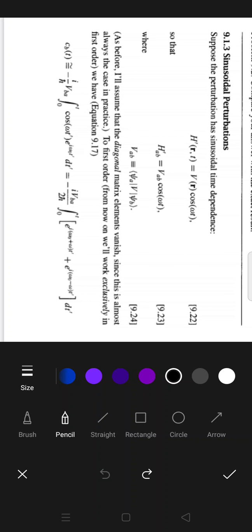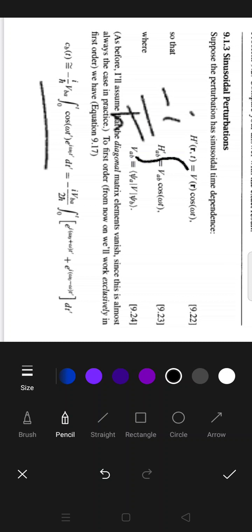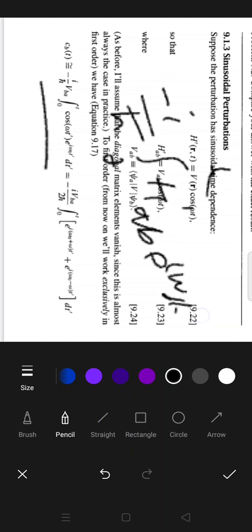So if we want to know the first order correction in the coefficients, we found that it is minus i by h cross times the integral from 0 to t of H prime ab, e power i omega naught t prime, dt prime.